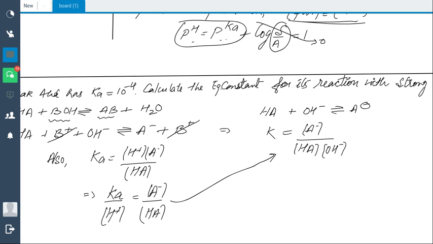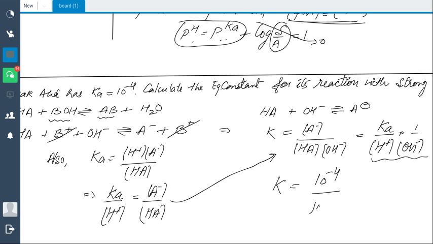So if you put this over here, you will be getting Ka by H plus into 1 by OH minus. Now how much is this? This is 10 raised to power minus 14. I have told you many times. So the answer comes out to be this.